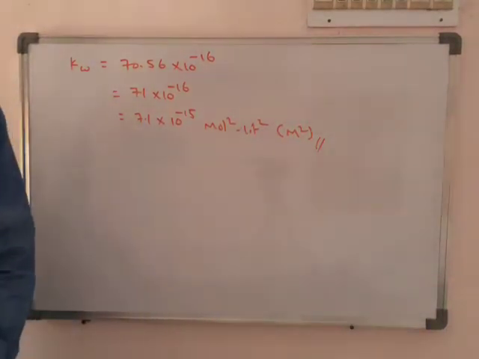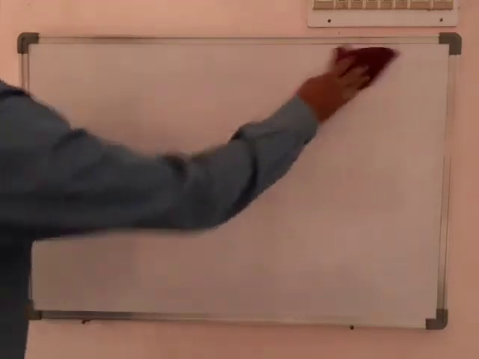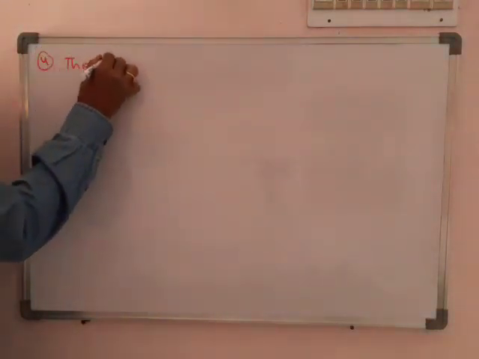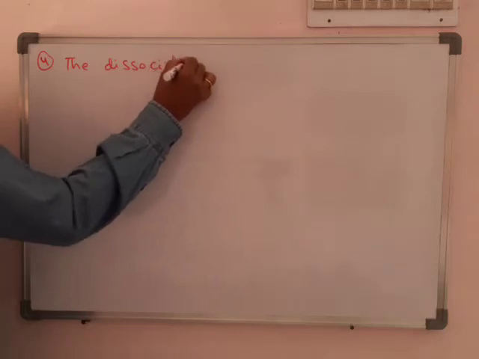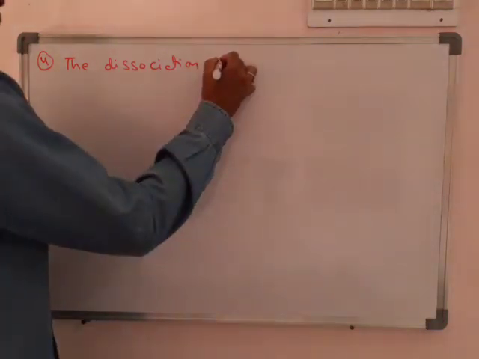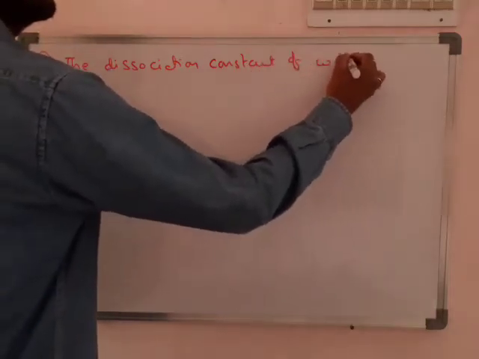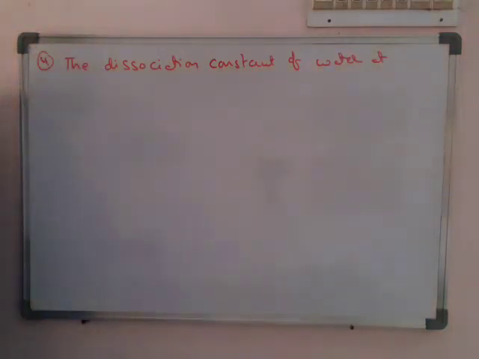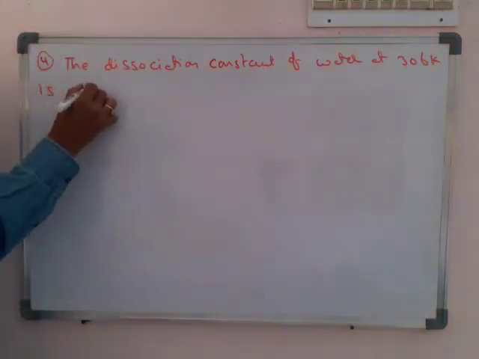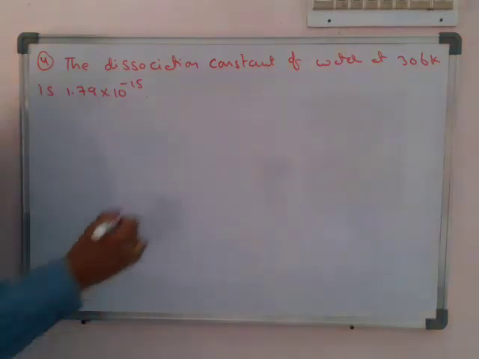Okay, see one more problem. Here it is given the dissociation constant of water at a particular temperature, that is 306 Kelvin, is given as 1.79 into 10 power minus 15.